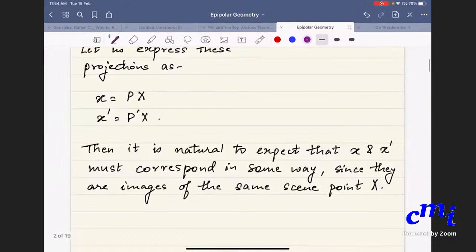We know that there is a projection, not a homography, that takes capital X to small x and takes capital X to small x prime.